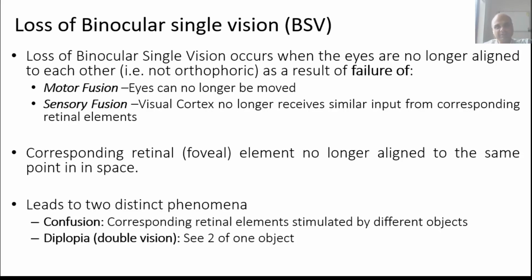And this leads to confusion and diplopia. Confusion happens when the corresponding retinal elements are stimulated by two different objects. And diplopia happens when you see two of one object, i.e. double vision. We'll see how both of those happen in just a second.